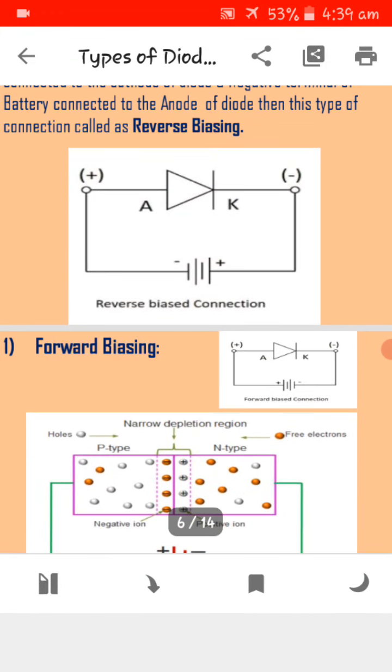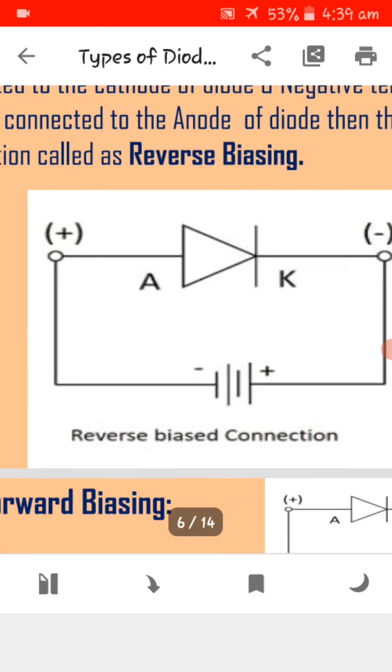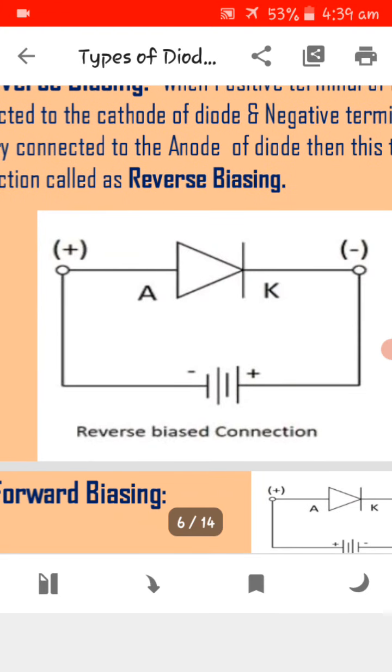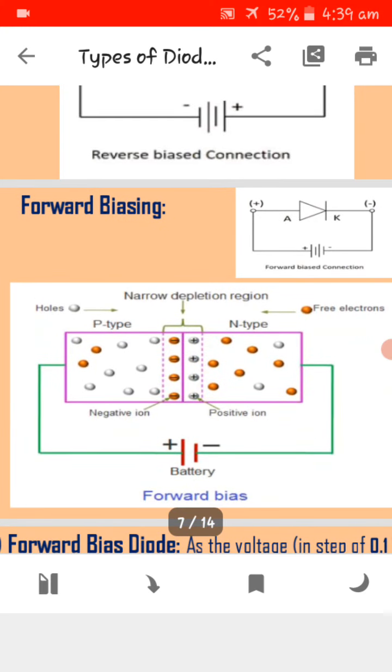In reverse biasing mode, the positive terminal of the battery is connected to the cathode and the negative terminal of the battery is connected to the anode. So what is the action when we have this type of connection?